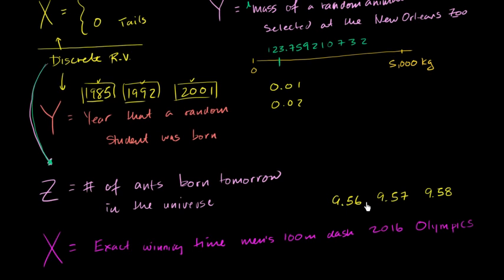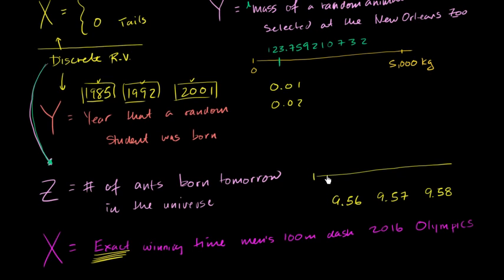They round to the nearest hundredths. That's how precise their timing is. But I'm talking about the exact winning time, the exact number of seconds it takes for that person, from the starting gun, to cross the finish line. And there, it can take on any value. It can take on any value between, well, I guess they're limited by the speed of light, but it could take on any value you could imagine.